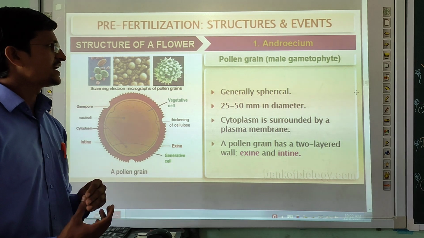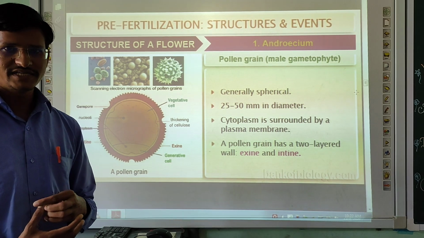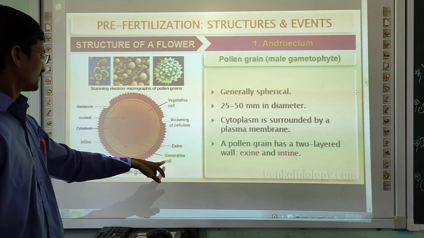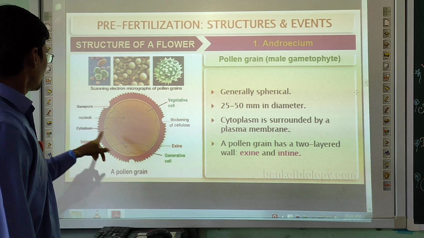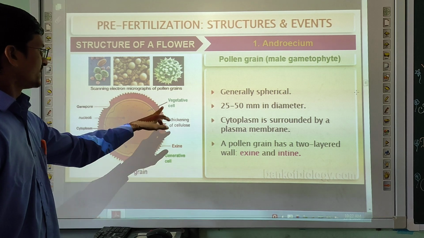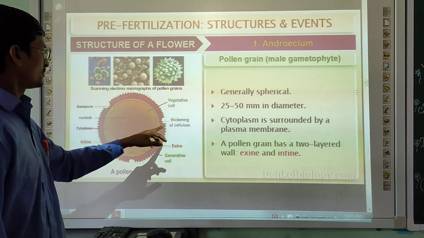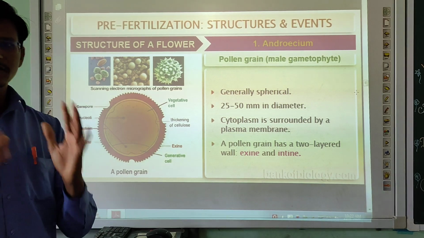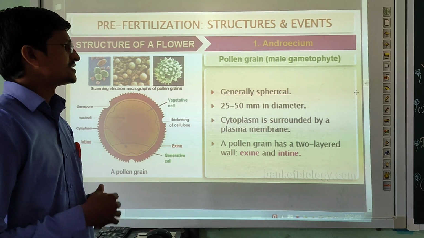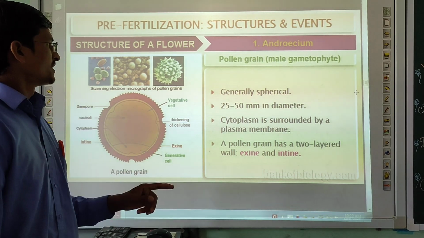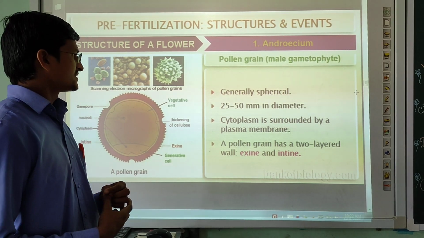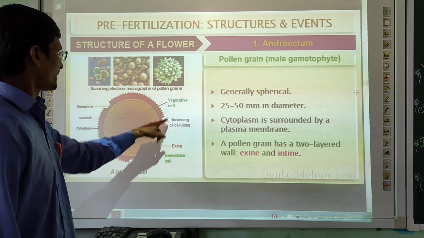Now pollen grains, they are the male gametophytes. If you see the structure of the pollen grain, generating cells are there, nucleus, cytoplasm, enzymes, then vegetative cells, germ pore, and thickening of cellulose. Cellulose is available only in plants, as you know, and the grain is generally spherical, 25-50 micrometers in diameter, and the cytoplasm is surrounded by the plasma membrane.